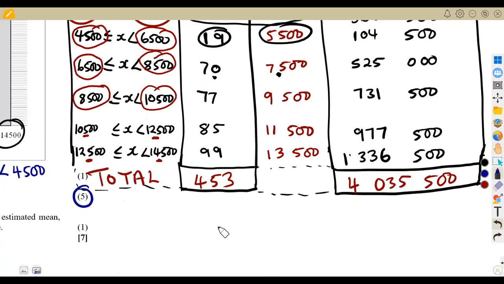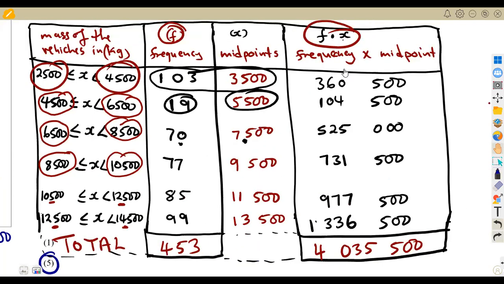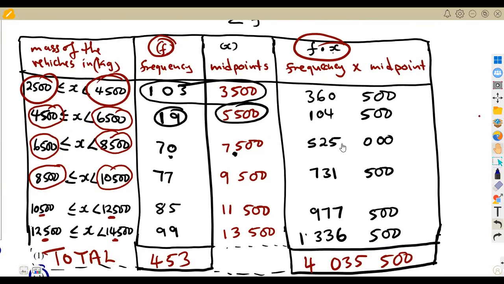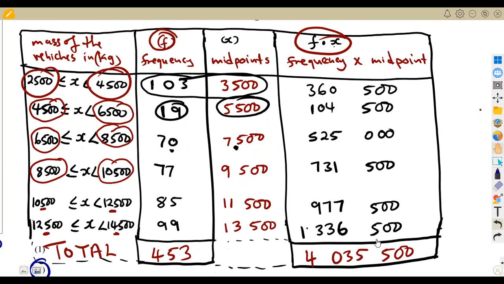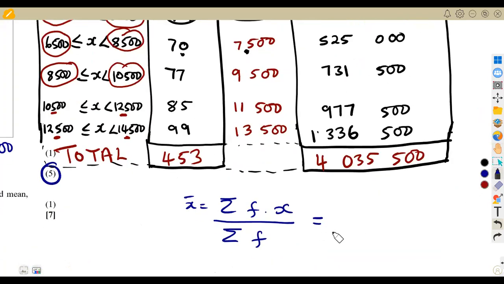Remember we said the mean is equal to the sum of the frequency times the class midpoints over the sum of the frequency. So the sum of the frequency times the midpoint, we got a total of 4,035,500. So it's going to be 4,035,500 over the total frequency.